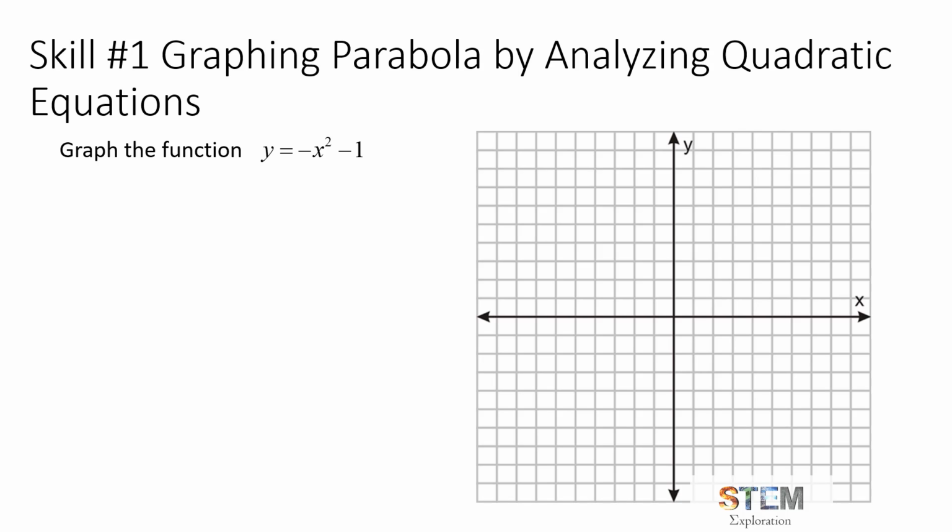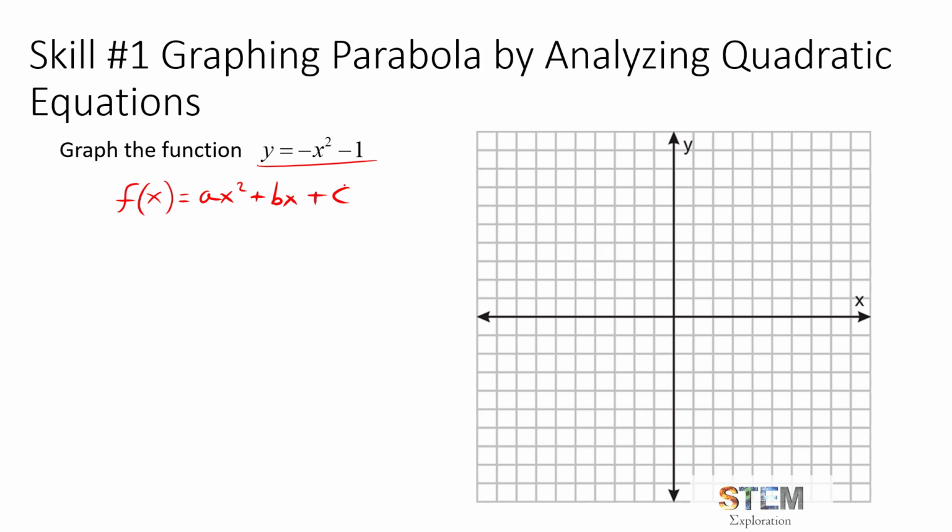Now, whenever we're looking at a parabolic function or quadratic equation, such as the one I have here, I want to think about this equation as it normally is in standard function notation. Standard function notation, which we talked about previously, can be listed as f of x is equal to ax squared plus bx plus c.